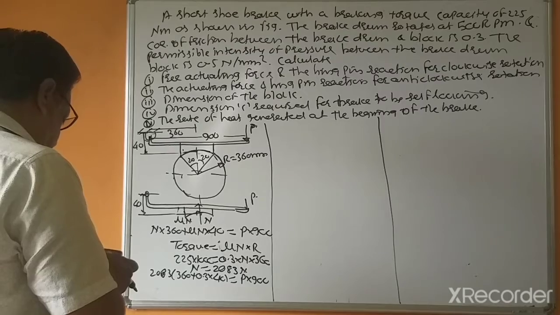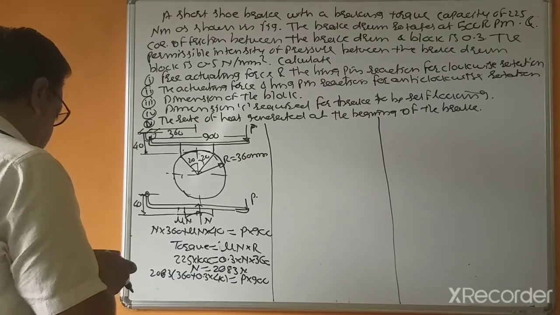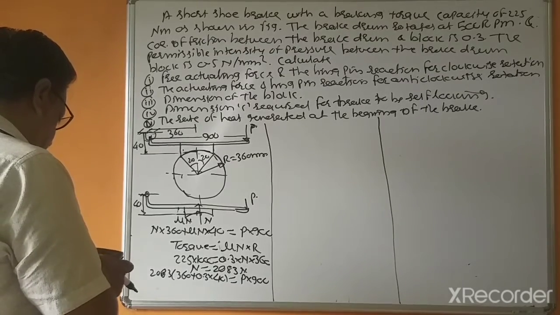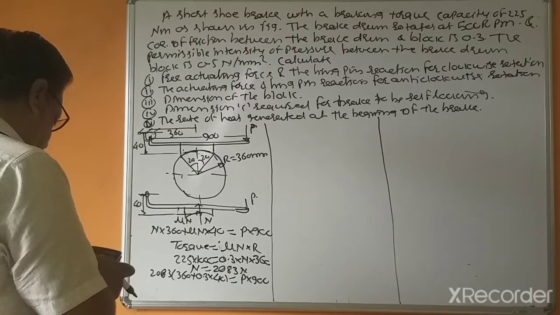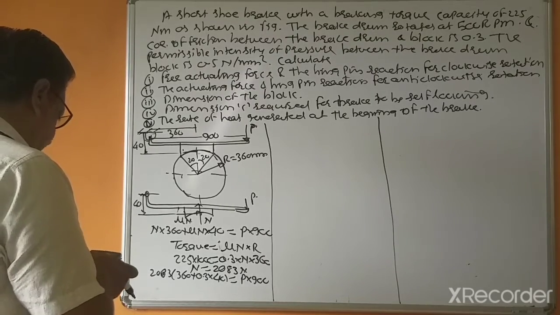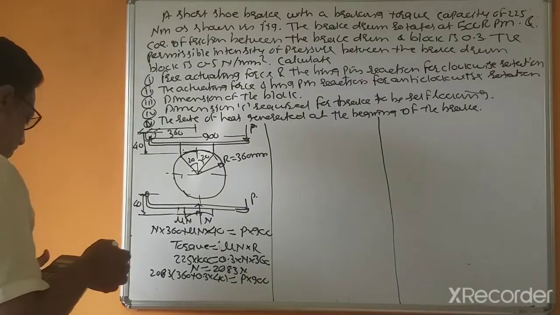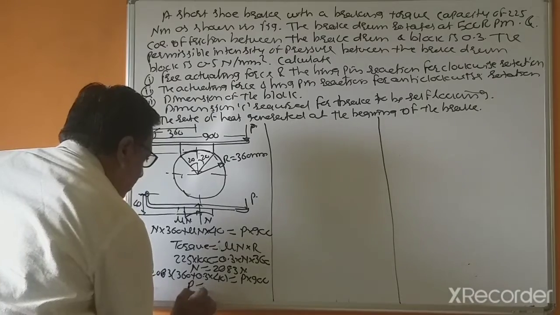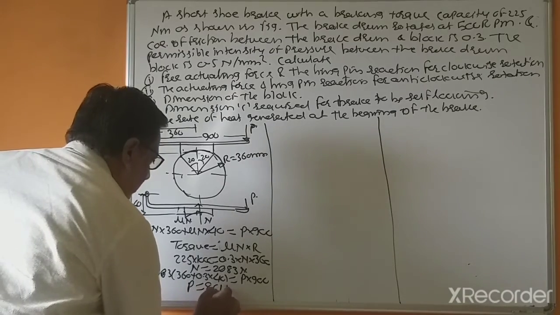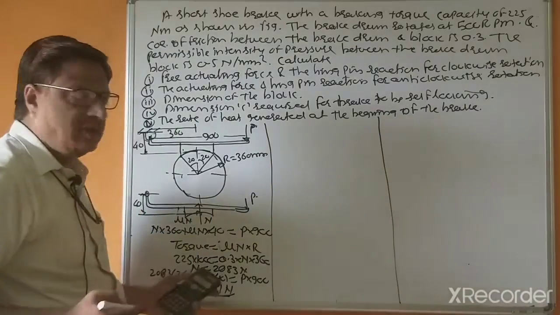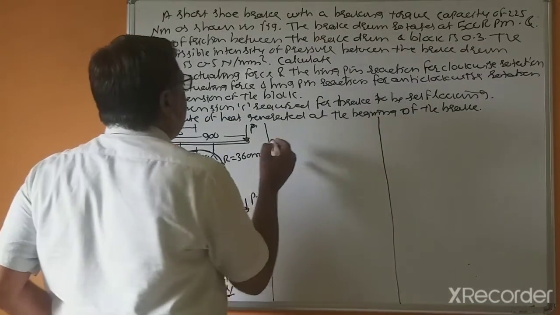So 0.3 into 40 is 12, plus 360, multiplied by 2083.33 divided by 900, equal to P equal to 861 Newton.